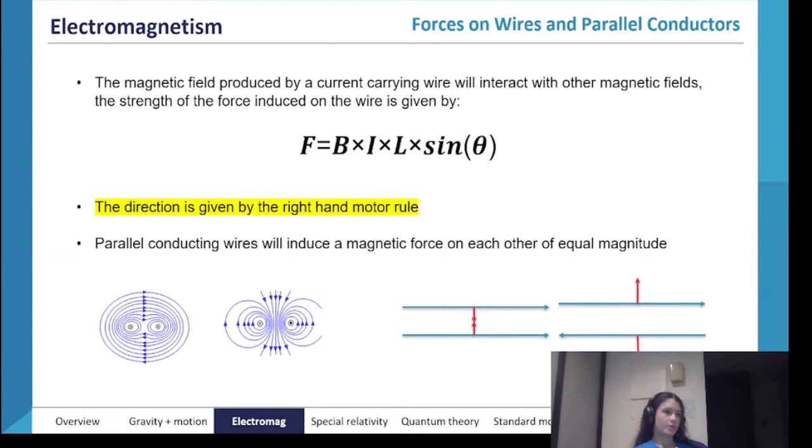However, when a wire is placed within proximity of another wire and they both carry current, their magnetic fields are going to interact with one another, right? So they both can generate magnetic fields, but they're going to interact. So if you have a look at this example here, we have these two wires. Remember, I'll just write this down now.